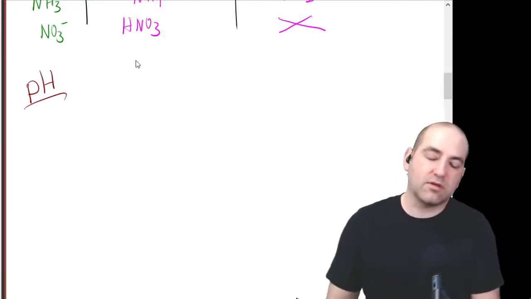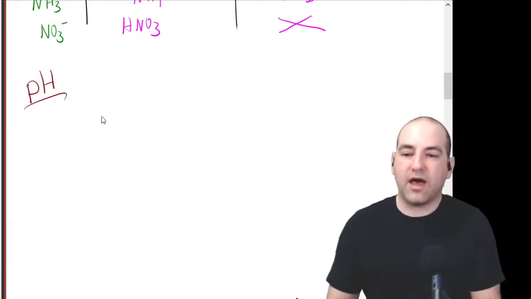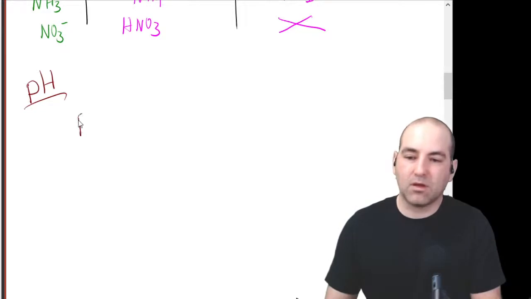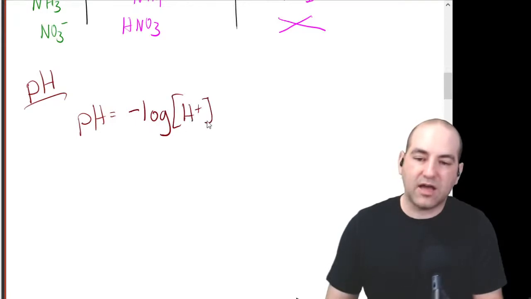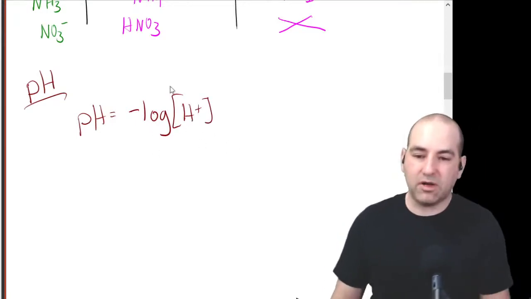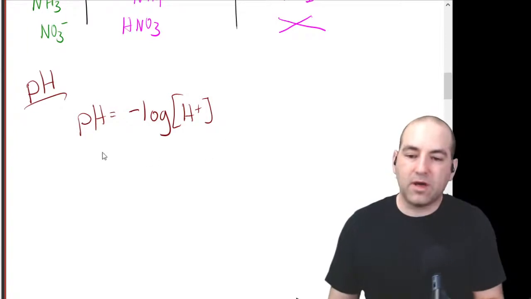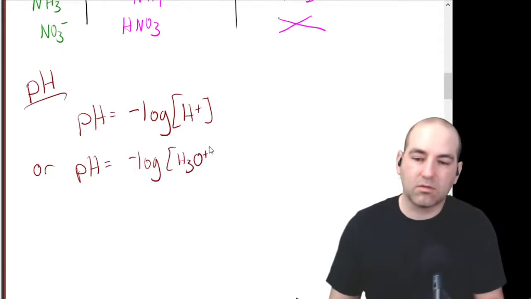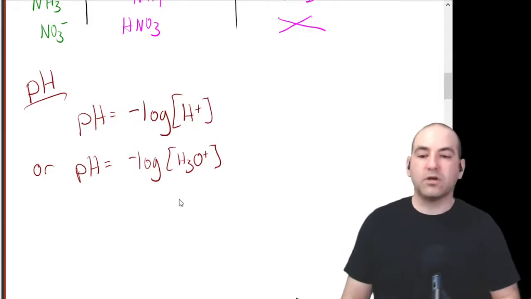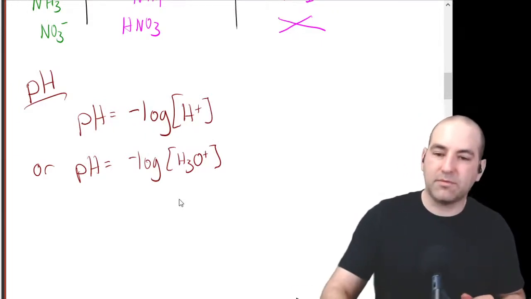So the equation given in the lab is that the pH is the negative log of the hydrogen ion concentration in molarity. Another way of writing it that you'll see sometimes is hydronium instead. That's that molecule that we saw up here.